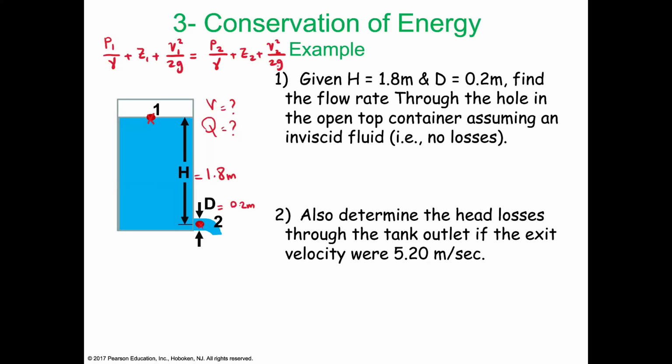What's your number for V1? Velocity at point 1? 0, no movement. Although when it's going out, the water surface comes very slowly lower. But since it doesn't mention that, we can consider this is still water.